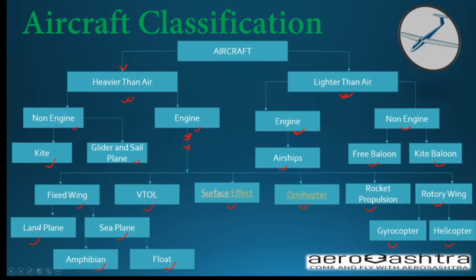Here, in the left side you can see land planes, sea planes. Land planes, what are land planes? Fixed wing. Sea planes contain amphibian planes. Here you can see this kind of plane. This kind of plane can be used in the sea or water basically, and from this water it will try to take off and fly.